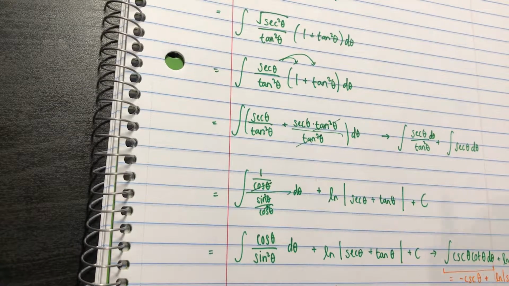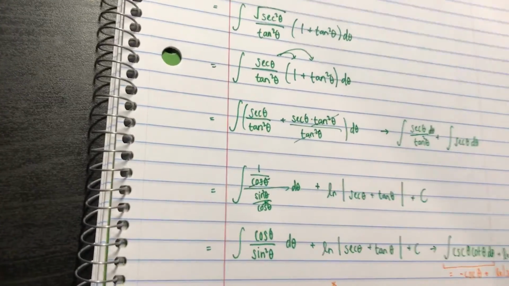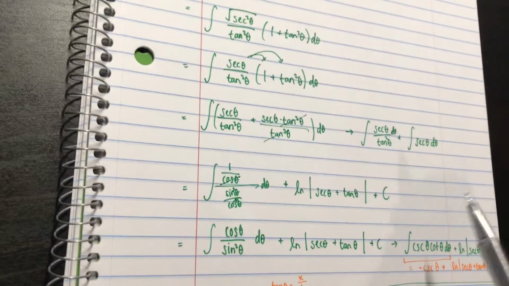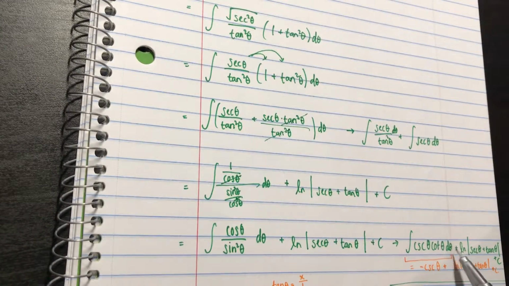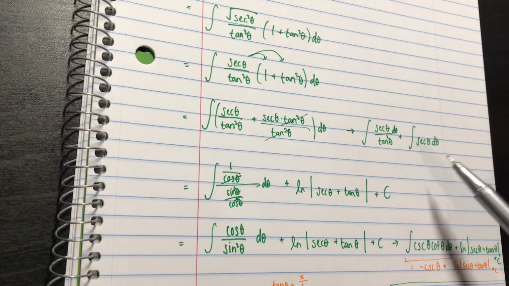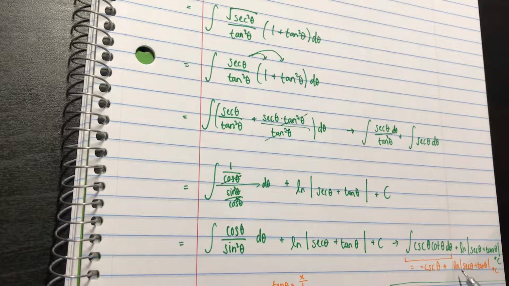The integral of cosecant theta times cotangent theta d theta, which I've already done for the sake of time, is equal to negative cosecant theta. We add on the part of the integral that we solved for the integral of secant theta d theta, which is equal to ln the absolute value of secant theta plus tangent theta, and of course we can't forget our constant c.